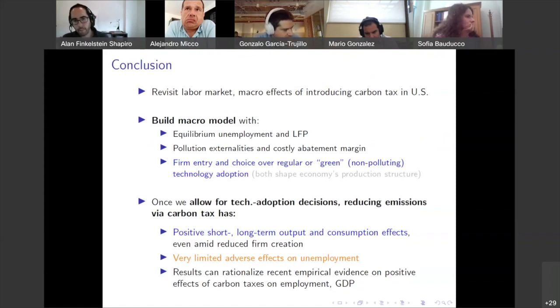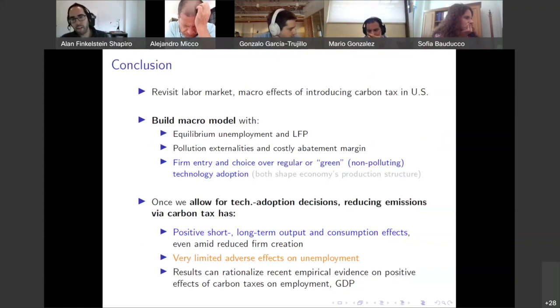Once we allow for this margin, it turns out that you don't necessarily see the negative effects on output, consumption and income that you see in existing models. The effects on the labor market are pretty limited. This offers a way to rationalize why, from an empirical standpoint for Europe in particular, you might actually see small but positive effects of carbon taxes on employment and GDP.